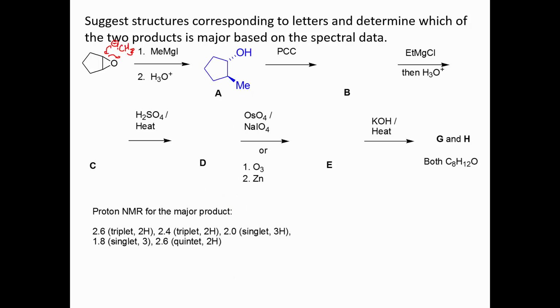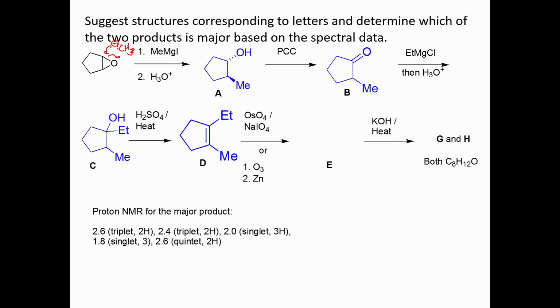It's going to proceed with inversion of stereochemistry to give us the trans alcohol. PCC is going to oxidize our alcohol to a ketone. Ethyl magnesium chloride is going to add to the ketone to give us this. Sulfuric acid and heat is going to eliminate water to give us the more substituted alkene. That's that one.